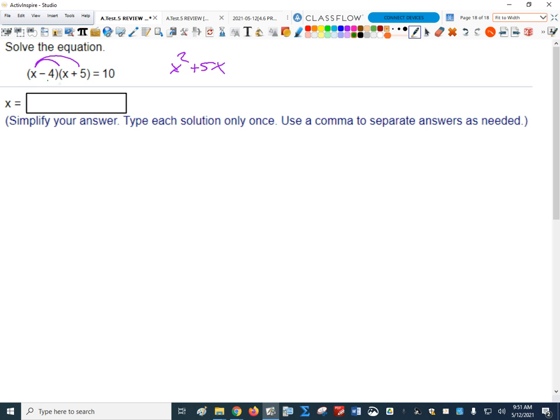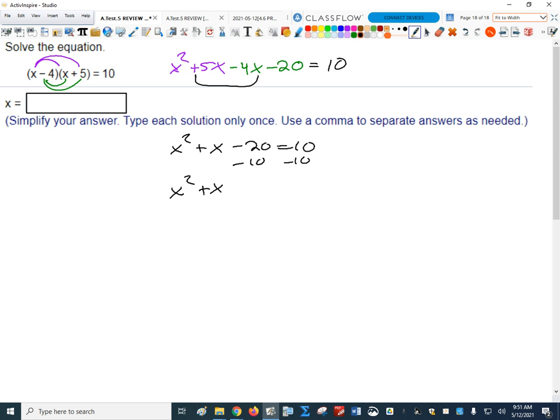If I distribute the negative 4, I'm going to get minus 4x minus 20 equals 10, right? I can combine like terms, and that's just going to give me x squared plus x minus 20 equals 10. Subtract 10 from both sides to put it equal to 0. Get it in standard form.